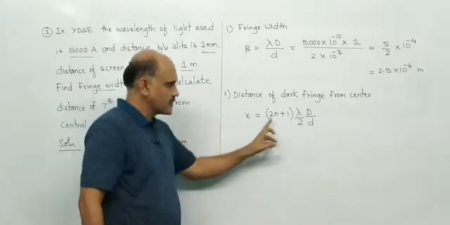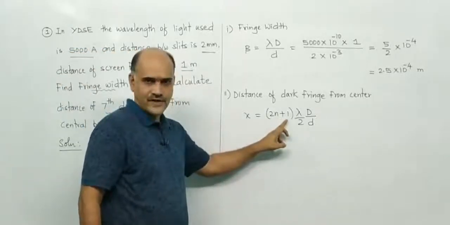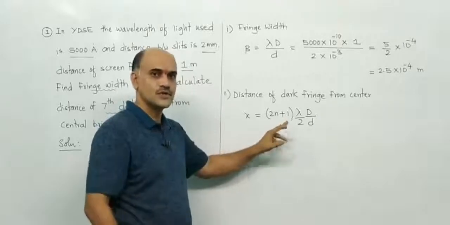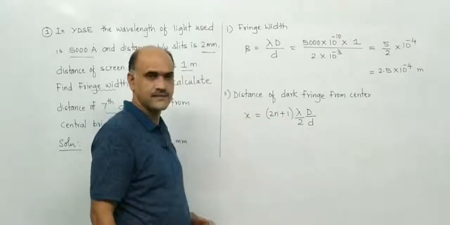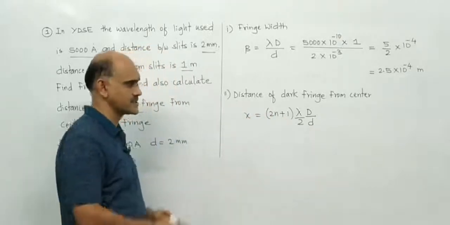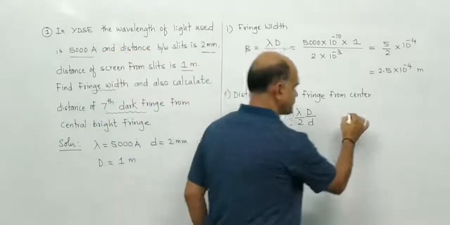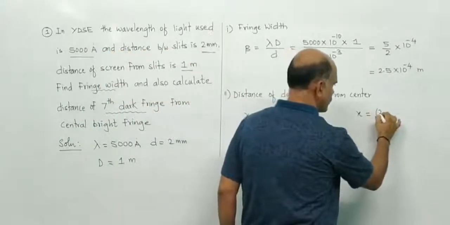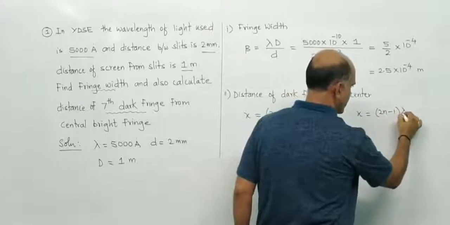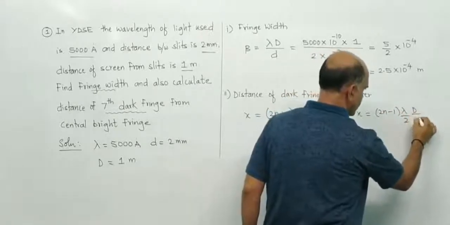Some of them use it as 2n minus 1. So even that is also correct, but the n value changes. So if you keep x is equal to (2n minus 1) lambda by 2 into capital D by small d.